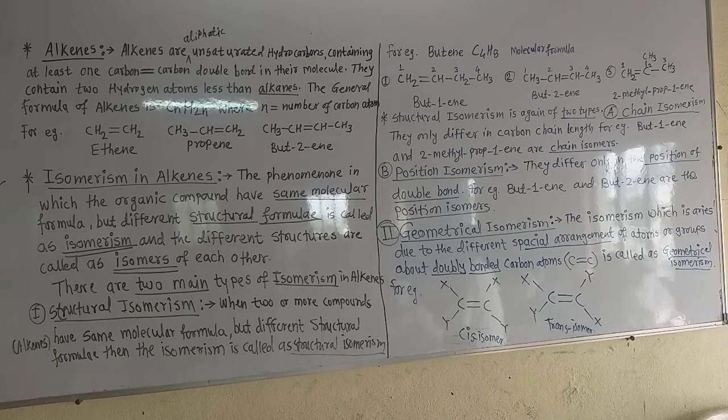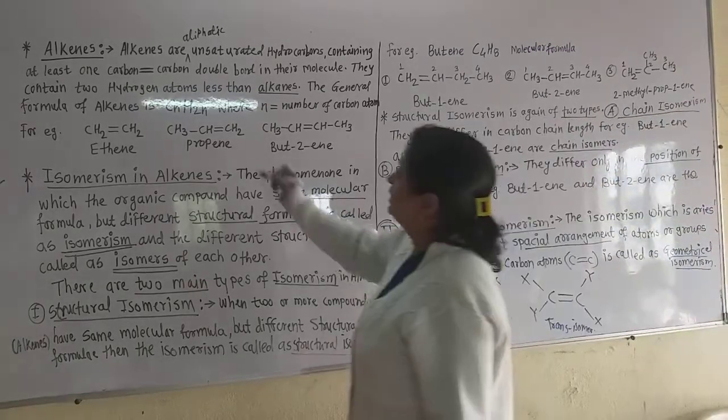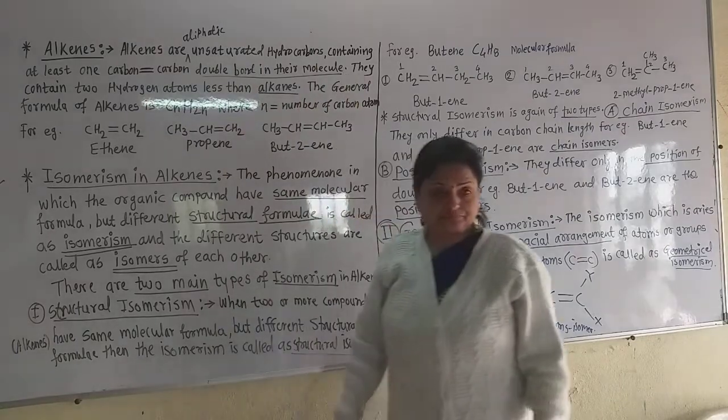So alkenes are defined as the aliphatic, unsaturated, that means containing double bond, hydrocarbons which contain at least one carbon-carbon double bond in their molecule.